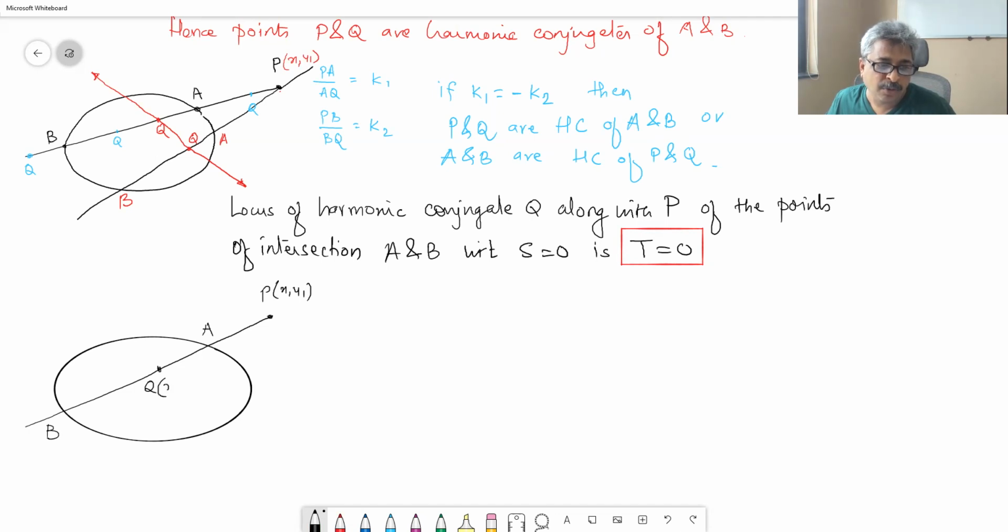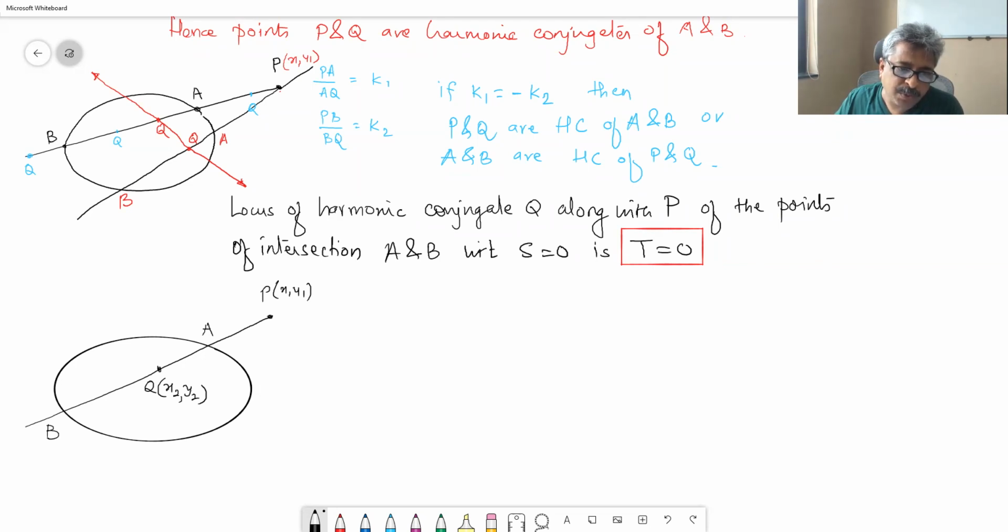And instead of x dash, y dash, let us keep x2, y2. Let the coordinates of Q be x2, y2. Now we are not using that harmonic conjugacy at the moment.